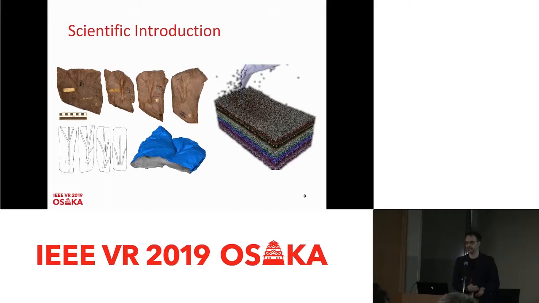And in our case, the scientists brought in their fossil data and different visualizations of that fossil data, for instance, CT scans, and also the fluid dynamic simulations that they are running with different dinosaur footprint motions and different substrate settings that they want to match to this actual fossil record.